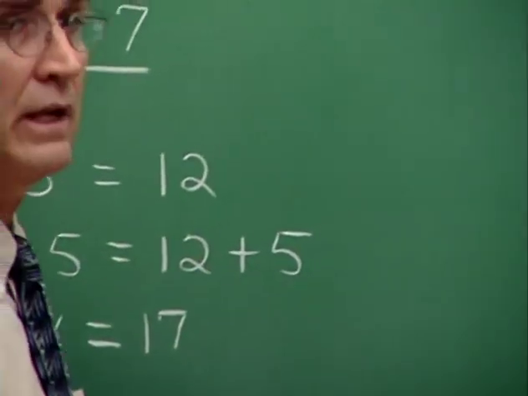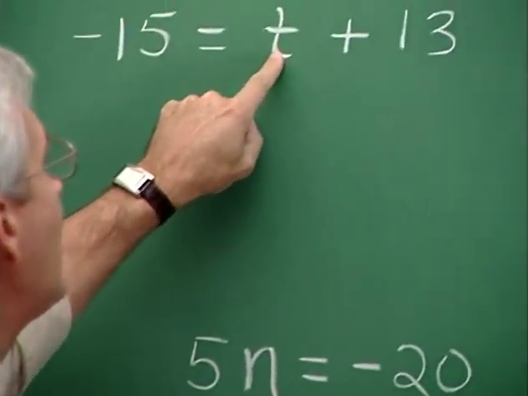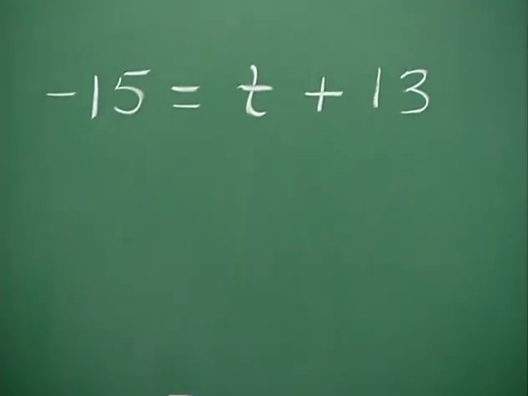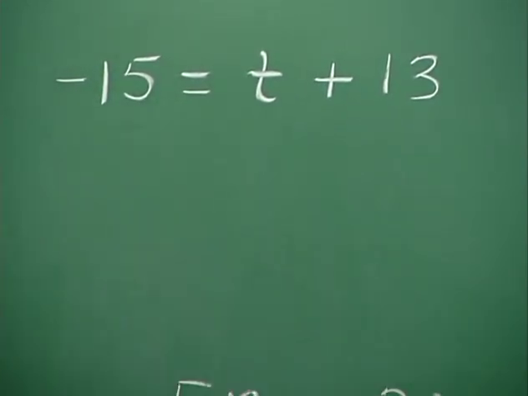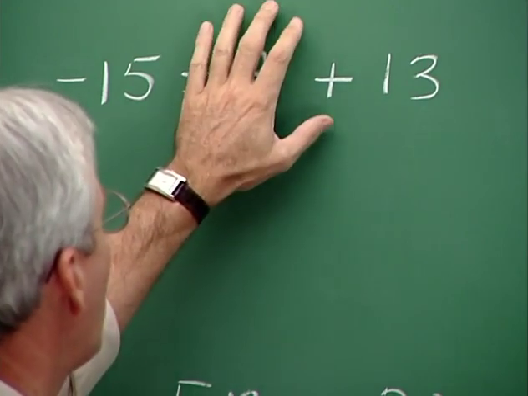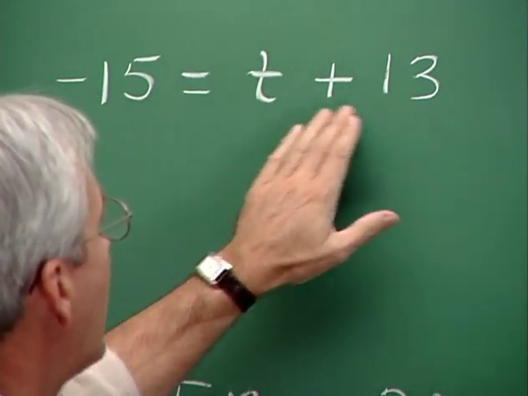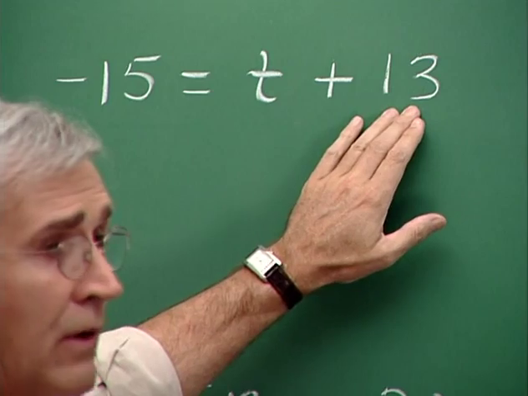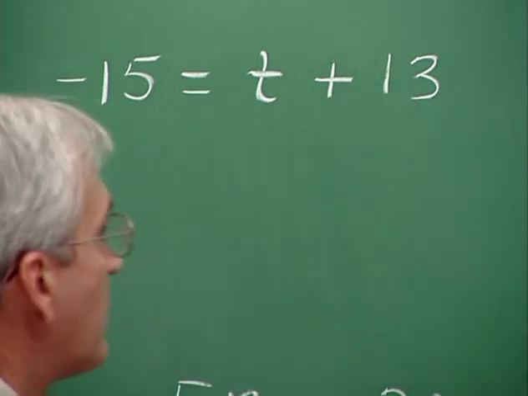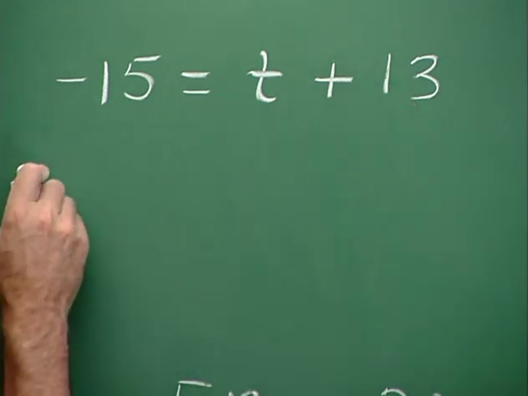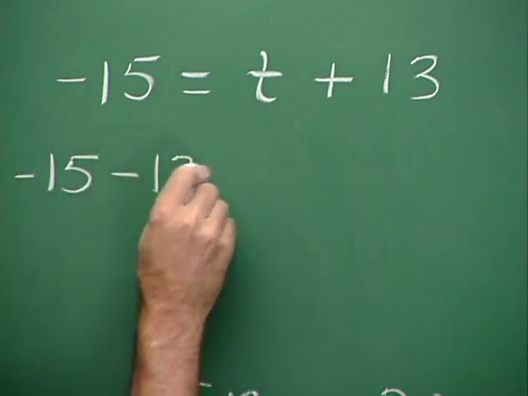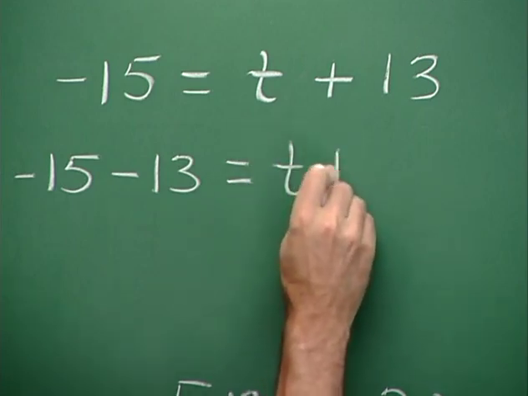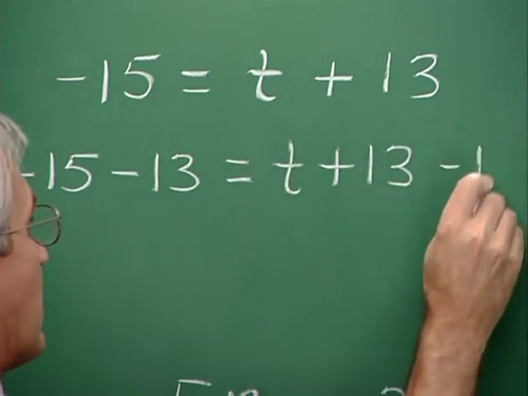Here's another one. Here the unknown quantity is on the right side of the equation. That's no big deal. We just want to isolate the letter on whatever side of the equation it appears. It appears on the right, so we want to isolate on the right. We do that by eliminating the plus 13. To eliminate 13, we subtract 13 on both sides. So in the next step, we write the left side and we indicate that we're going to subtract 13. We write down the right side and indicate we're going to subtract 13.